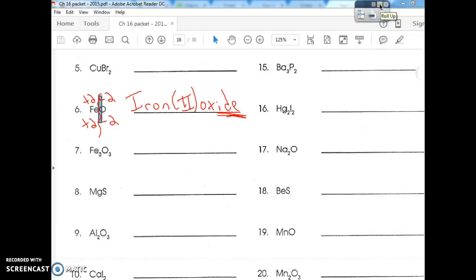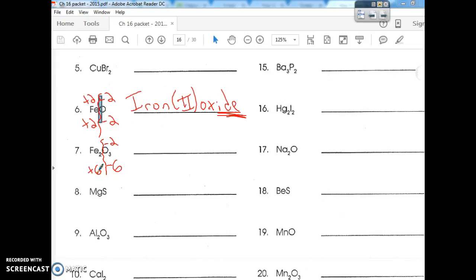Now for number 7, you have Fe2O3. So we have to go through this again. Oxygen is -2, but now you have 3 of them. So each of those 3 oxygens is supplying a -2 charge, which means you end up with a -6 overall on the right, which means the left-hand side with the metal has to be +6 to balance it out.